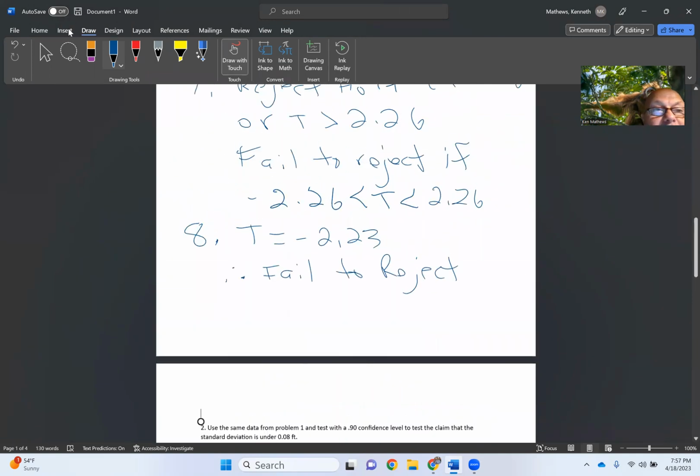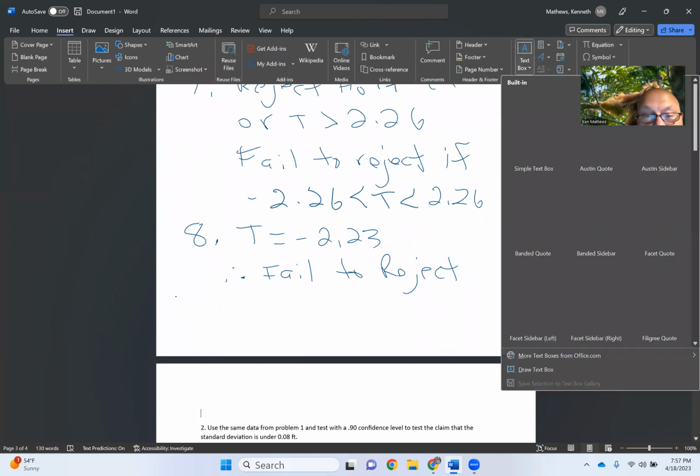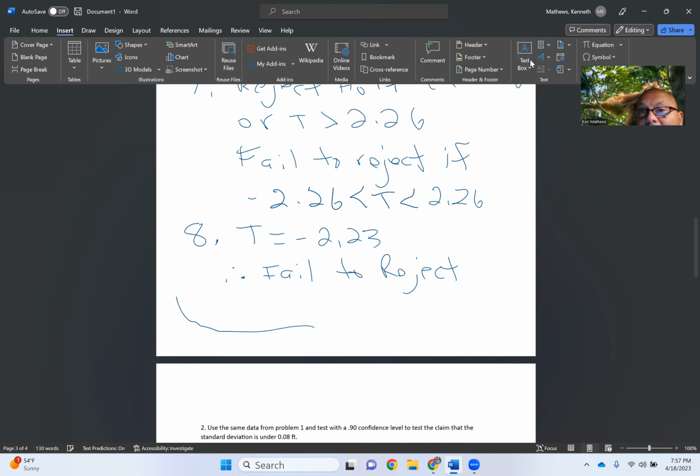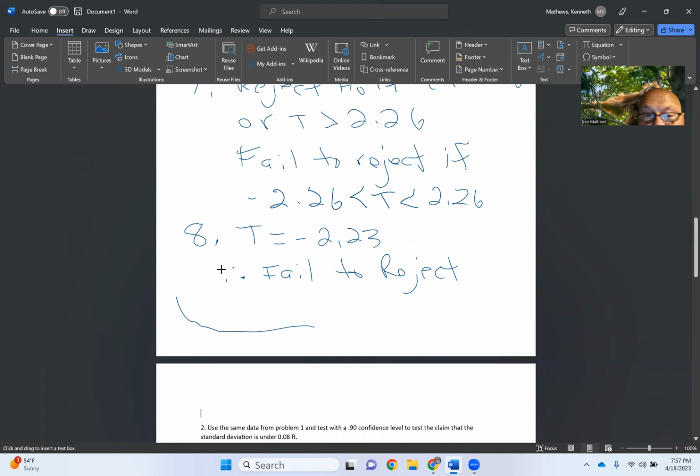So let's do it. Insert a text box. Oh, that's not a text box. Draw a text box.